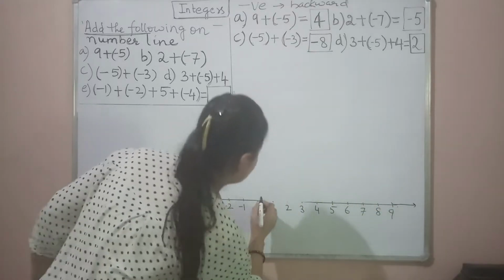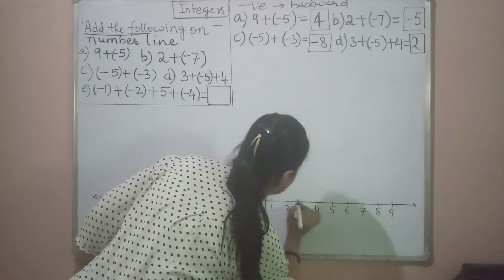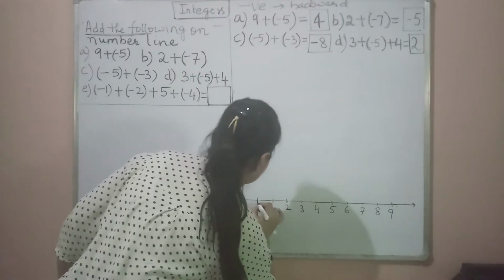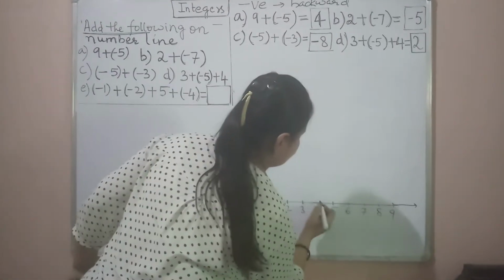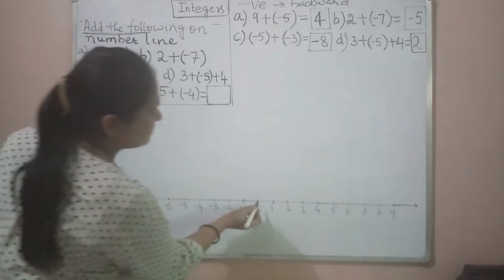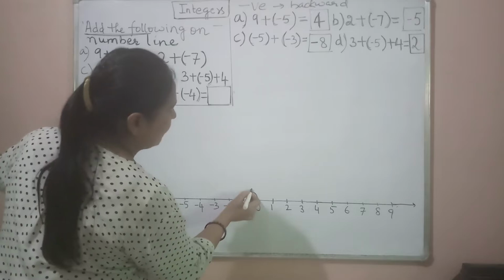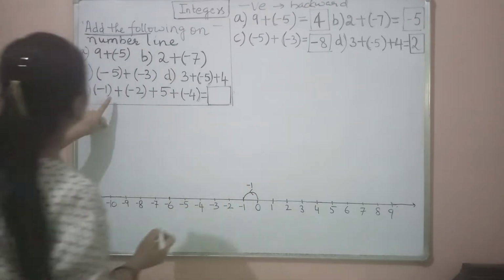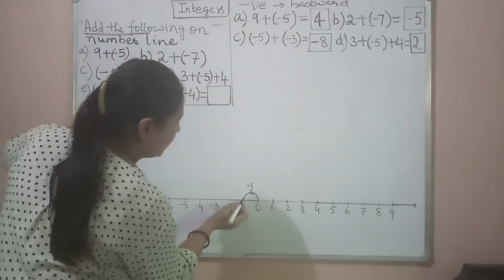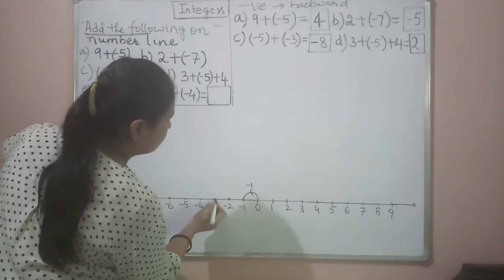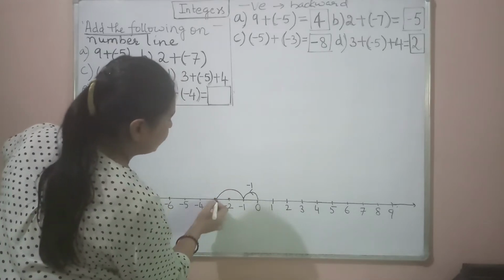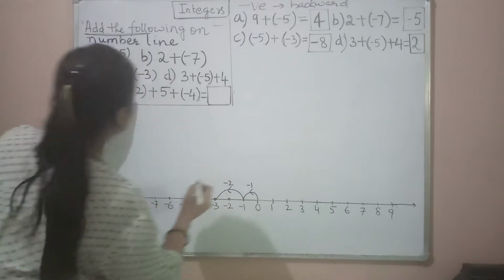Now our last sum. The last sum is minus 1, which means 1 step back from 0. This is minus 1. Again minus 2, again 2 steps back, 1, 2. So 2 steps back again. We got minus 2.